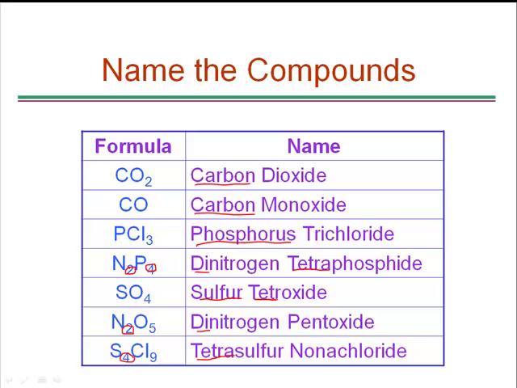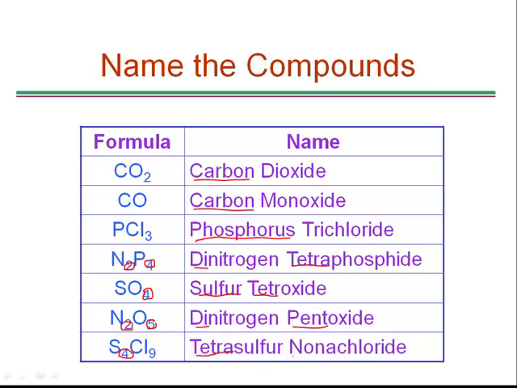Tetroxide comes from this 4 here. Pentoxide comes from this 5 right here. And monochloride comes from this 9 right here. Okay, so these prefixes tell us how many of each element are in the compound.